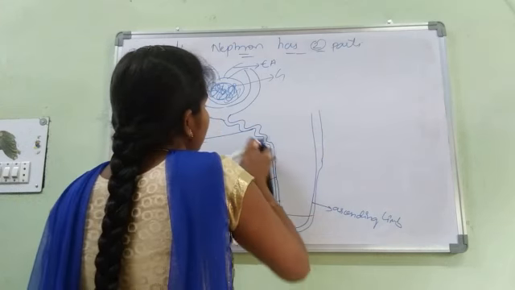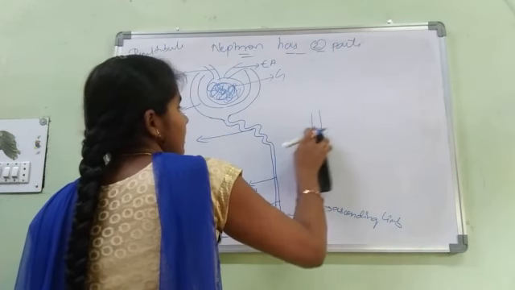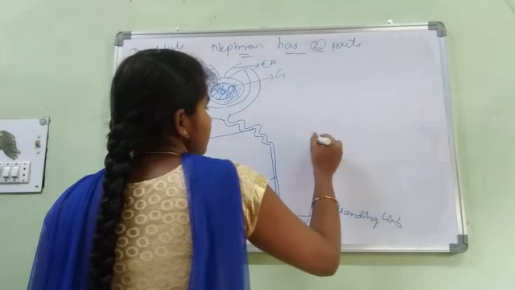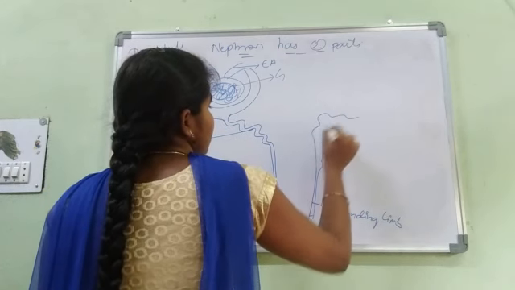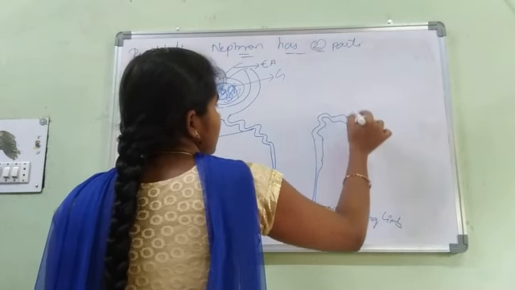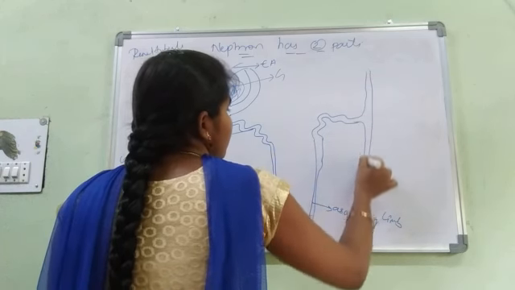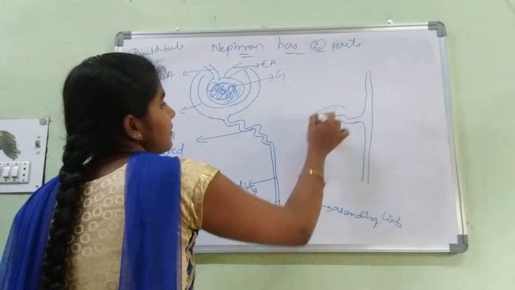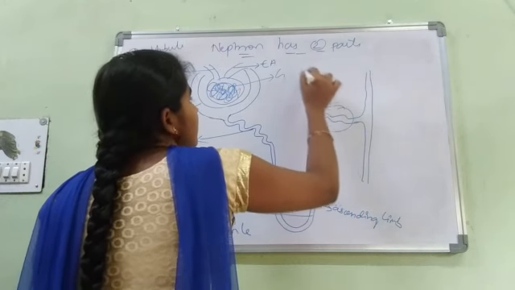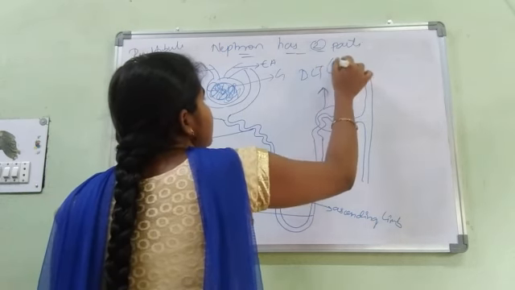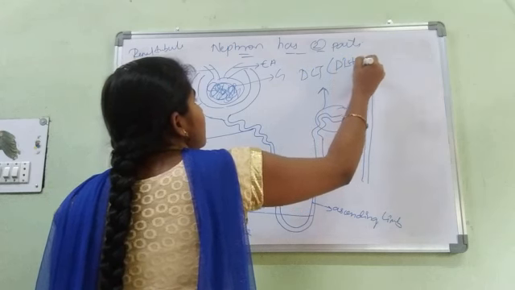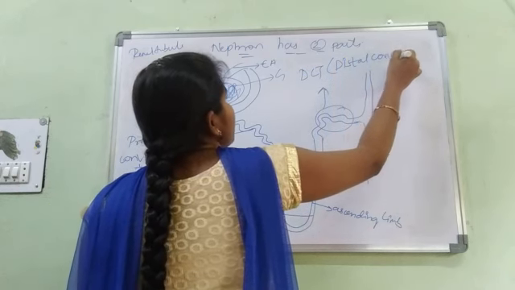And here this is the PCT, proximal convoluted tubule, and this is called DCT, that is distal convoluted tubule.